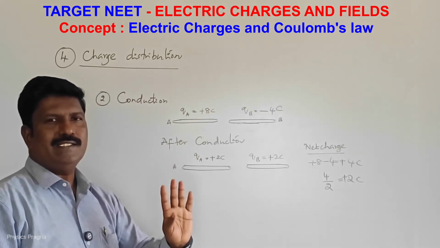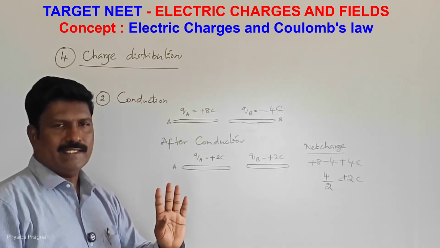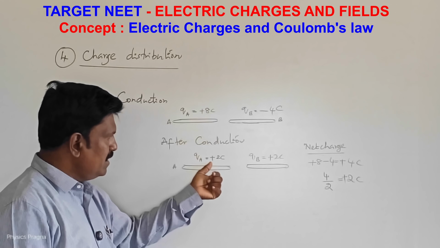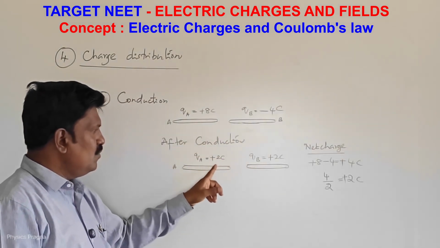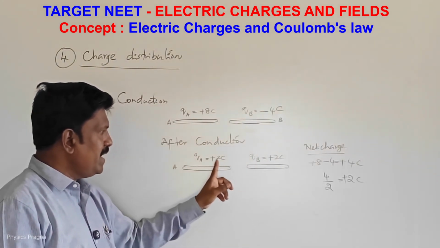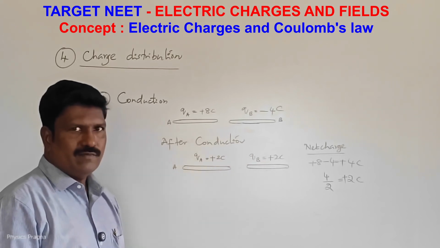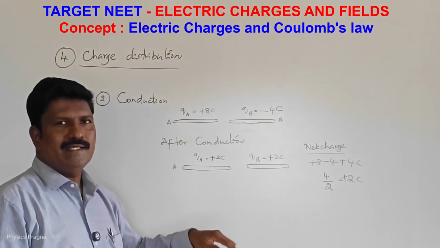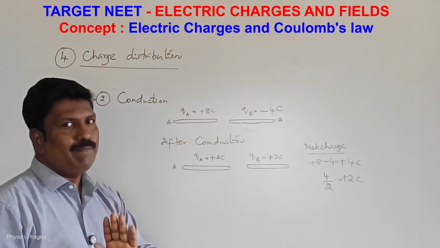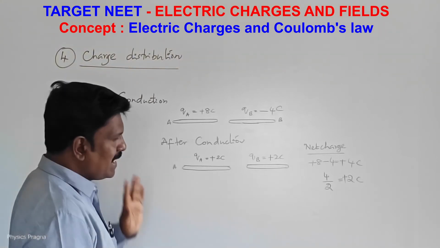In all these three examples, we came to know that after conduction, both bodies acquire the same type and same magnitude of charge. After conduction, these two bodies will repel each other.